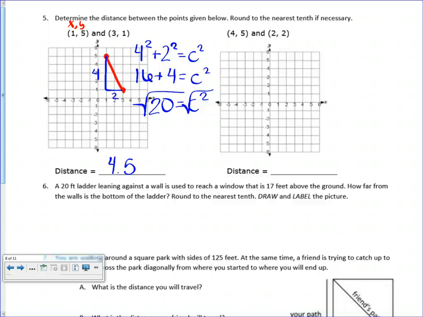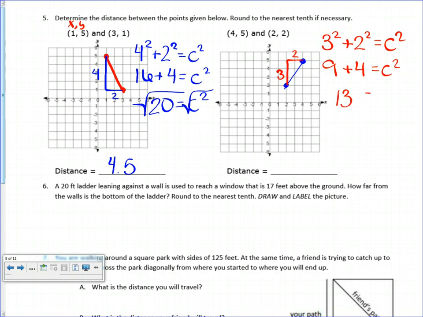Now we're going to do the same thing for the next problem. Start by plotting your points. (4, 5), I'm going to go right 4, up 5. (2, 2), right 2, then up 2. Draw your triangle. 1, 2, 3 squares, and then over 2. So 3 squared plus 2 squared equals c squared. 9 plus 4.